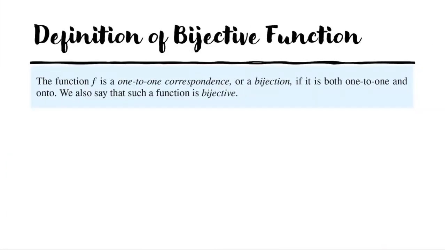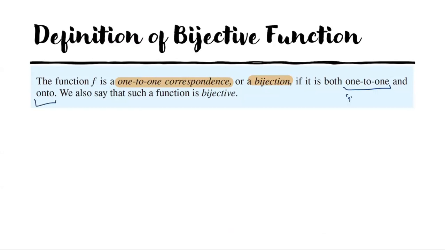Okay, so we talked about injective and surjective. We say a function is a one-to-one correspondence, in other words bijective, if it is both one-to-one and onto.